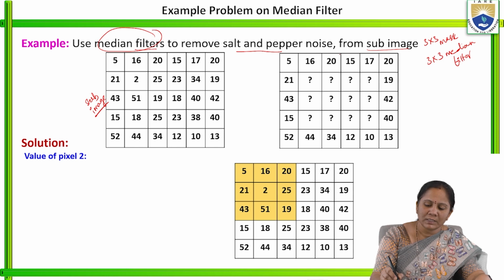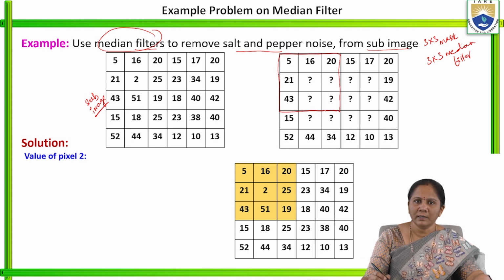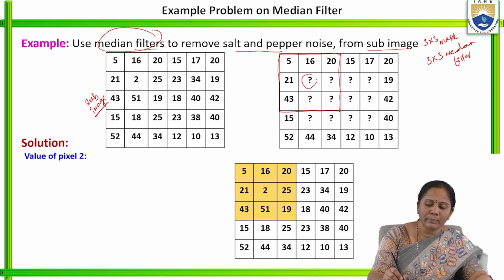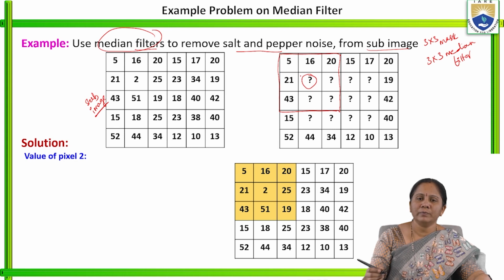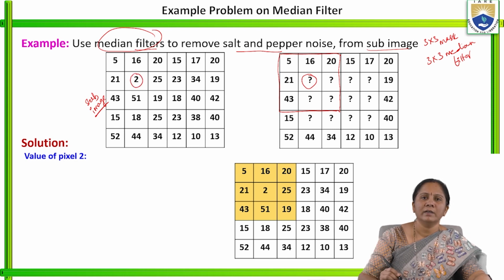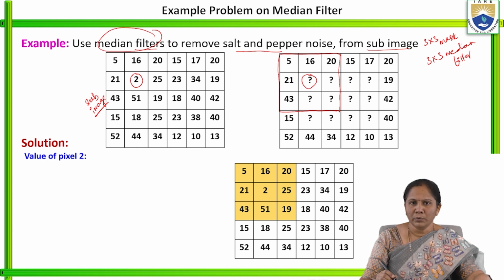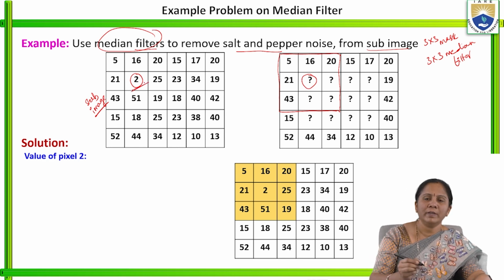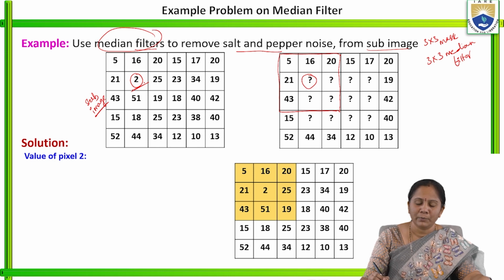If you place that 3 by 3 median filter mask here, this value becomes the center pixel which we need to find. That means here we find a value 2, and instead of this 2, we have to replace it with a new value.